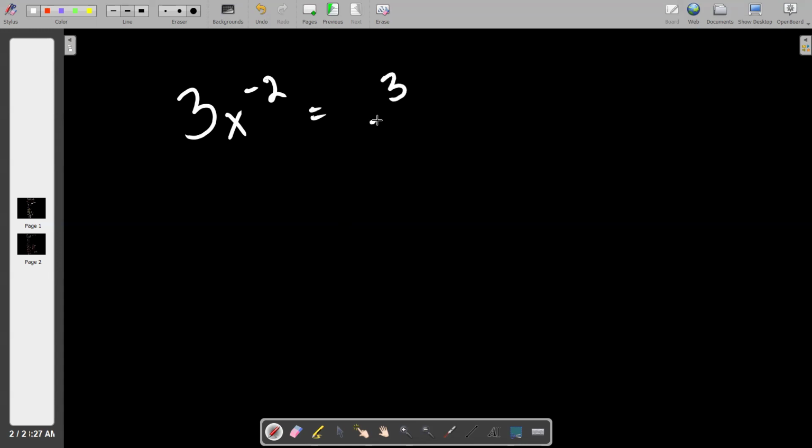Here's the answer. Now, let's talk about why that is. Does the 3 have a negative exponent? No. The 3 is like, leave me out of this. I'm just sitting over here. However, it's the X that says, yeah, I'm the guilty party. I've got an exponent of -2.